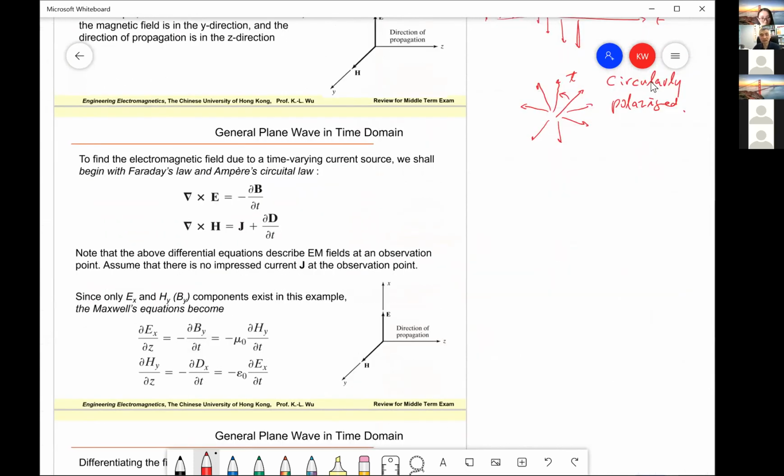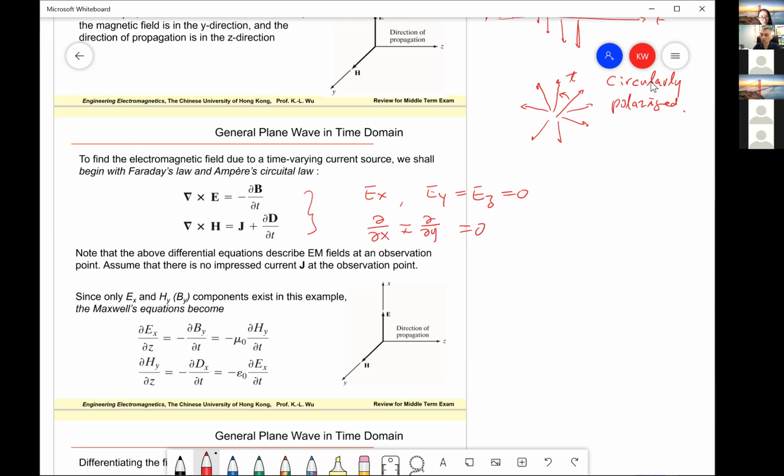And how did we find the specific field solution? We start from these two curl equations, and then we justified that we have Ex only, and Ey, Ez equal to 0. At the same time, the variation in the x direction and the variation in the y direction are also 0.